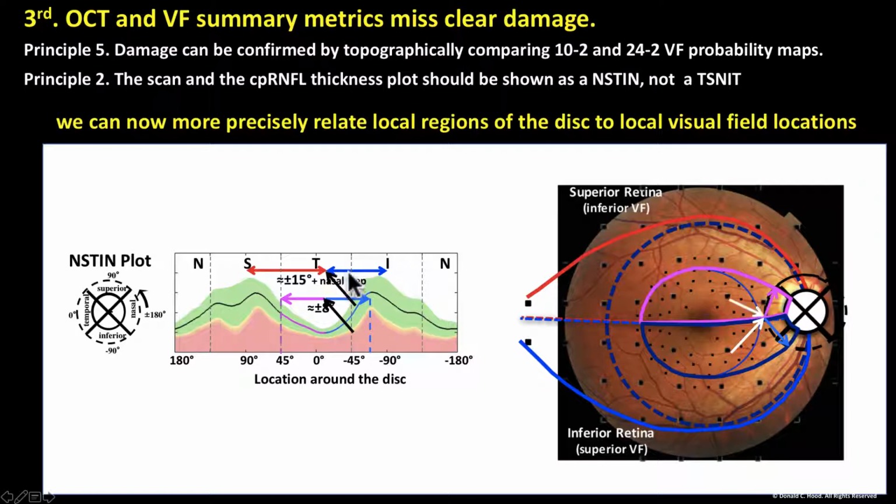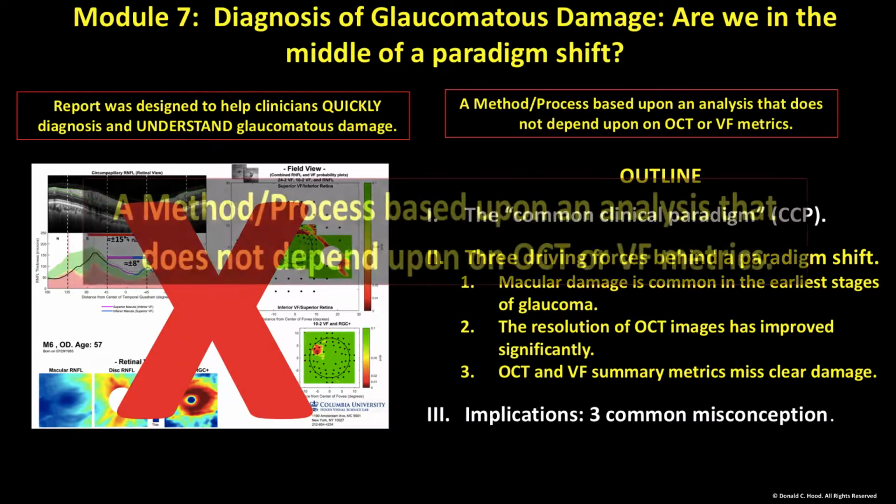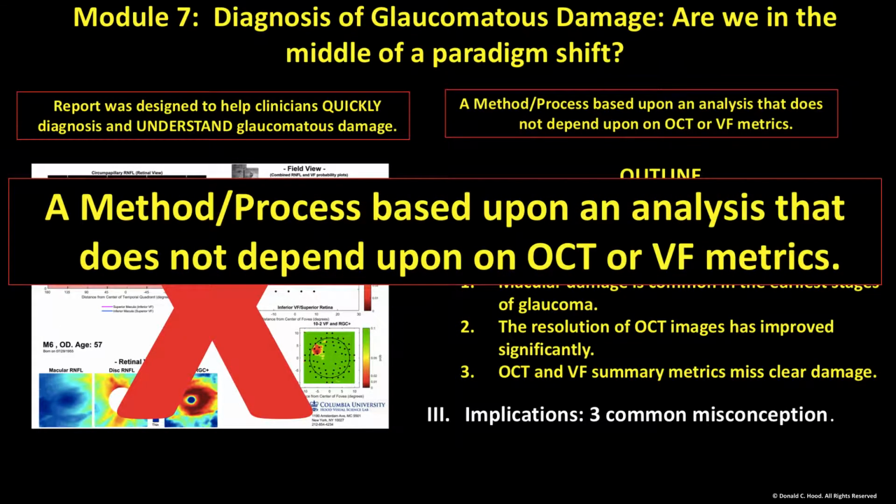And then these are corresponding points. These red and blue arrows are the region of the disc that corresponds to this part of the thickness plot. It's about a process or a method that's based on analysis that does not depend upon OCT or visual field metrics.